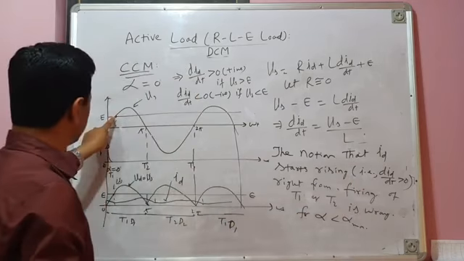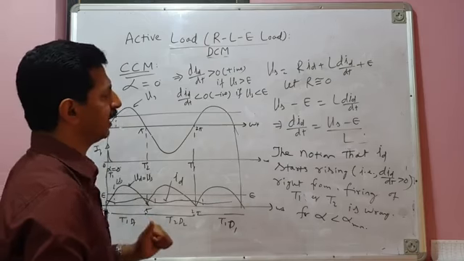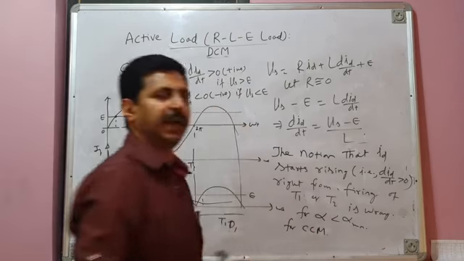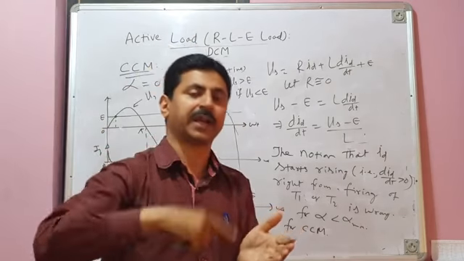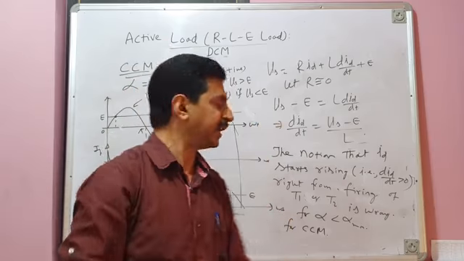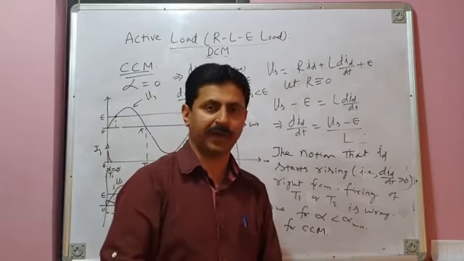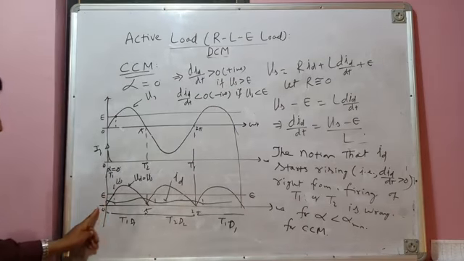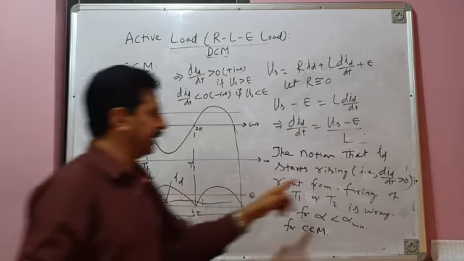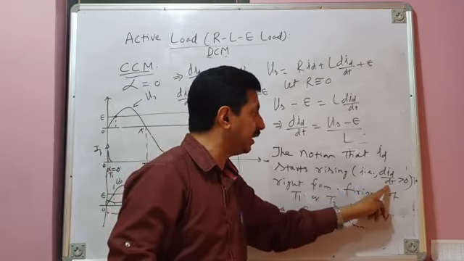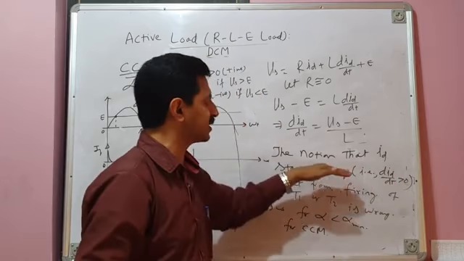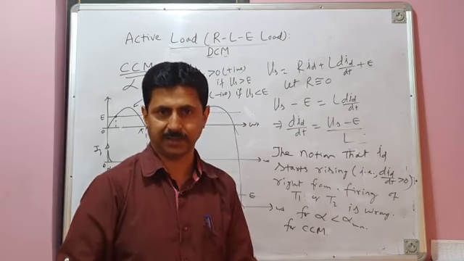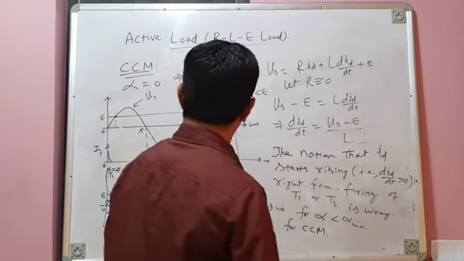Only if alpha is equal to alpha min or greater than alpha min, for continuous conduction mode of operation, does your current start rising right at the moment when T1 or T2 is fired. But if your alpha is less than this value, for example, in this case alpha is 0, then the notion that dId by dt is greater than 0, that current starts rising right from the firing of T1 or T2, is wrong. This is not correct. So this is a very important point you have to understand.